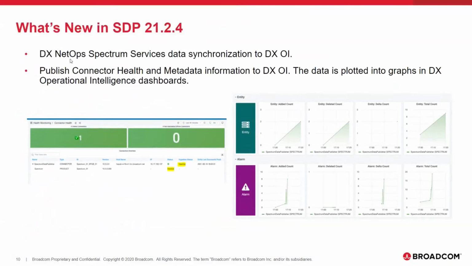From this release, we started supporting publishing Spectrum services to DXOI, along with publishing connector health and metadata information to DXOI. You can see the SDP sends its connector information as well as its source, meaning here the one-click status, to OI.